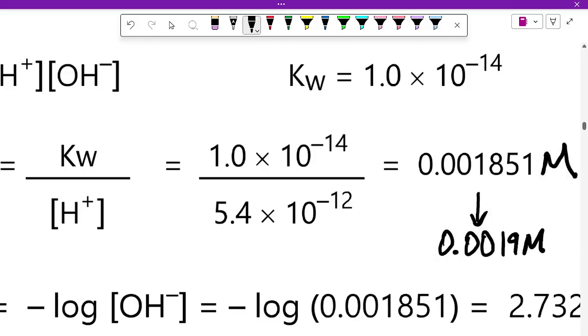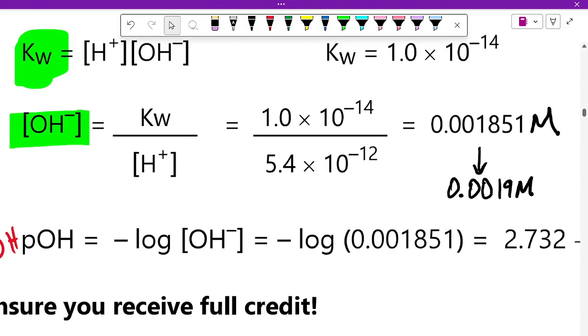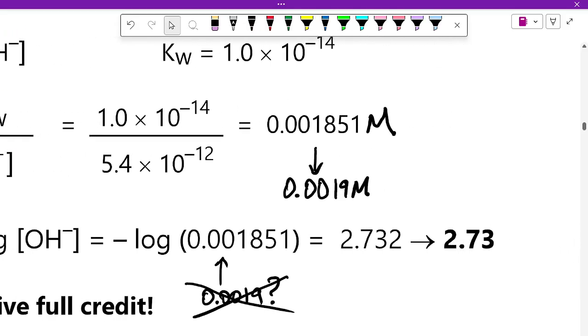Now, if I go on to the next step, do I want to put 0.0019 in here? No. Is that okay? No. Keep your unrounded value so you don't end up with a rounding error later. What would we get if we did 0.0019?